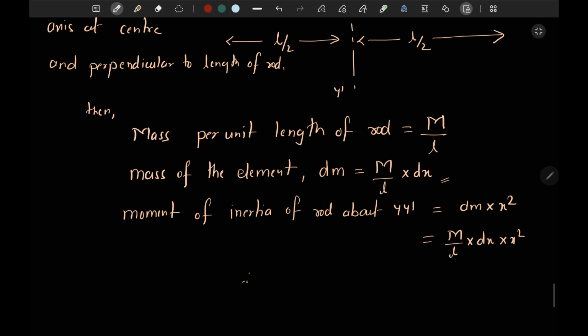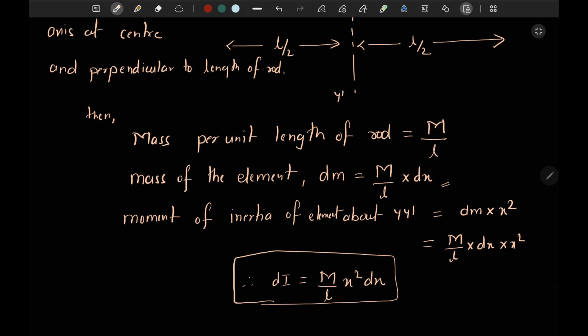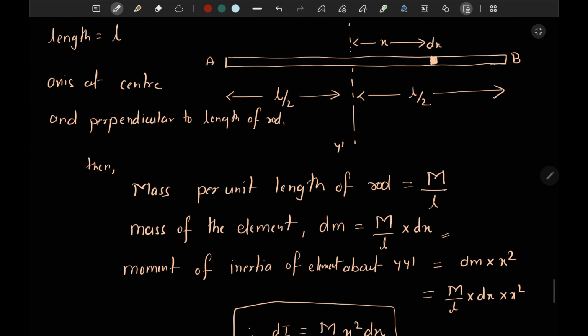So the moment of inertia of that small element will be m by L x square dx. This is the moment of inertia of the small part that we have considered.